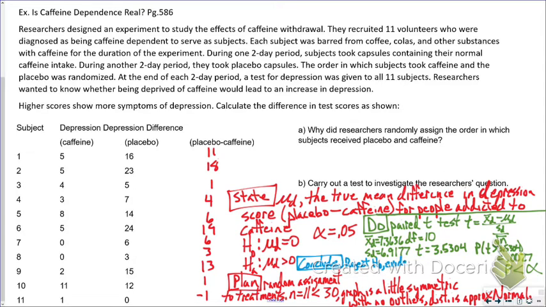Evidence suggests the true mean difference in depression score, whoops, is greater than 0.